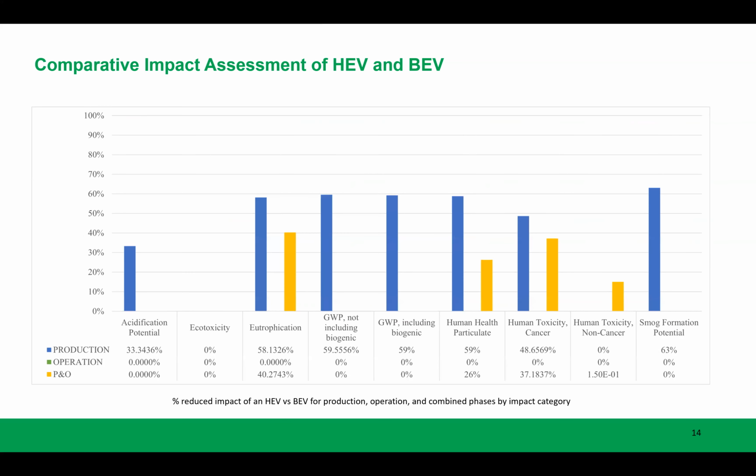On the next slide, we take a look at the second scenario, which answers the question, if I purchase a new HEV instead of purchasing a new BEV, what will be the % reduction of each environmental impact? In general, the results show that the HEV provides reduction in most impact categories during the production phase compared to a BEV. Finally, we observe that the choice of an HEV over a BEV would result in overall reduction in 4 of the categories.